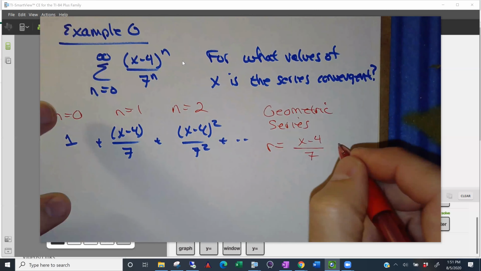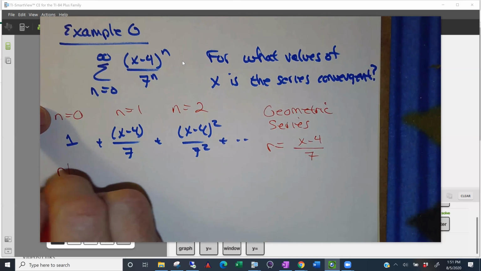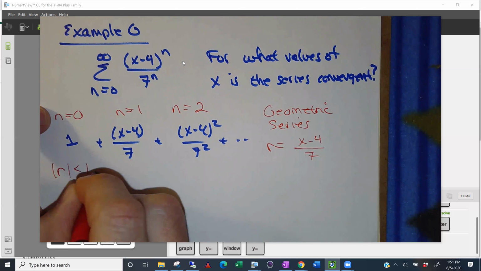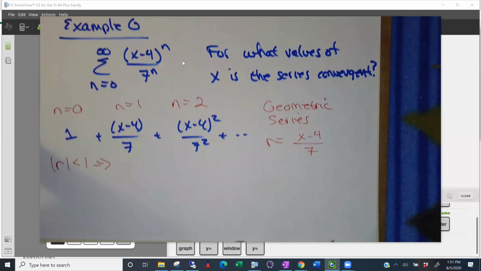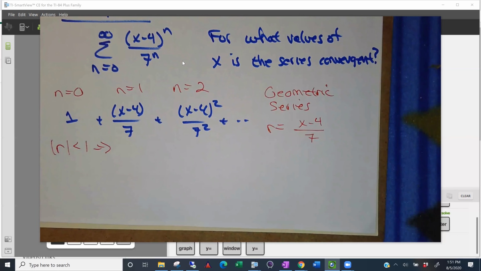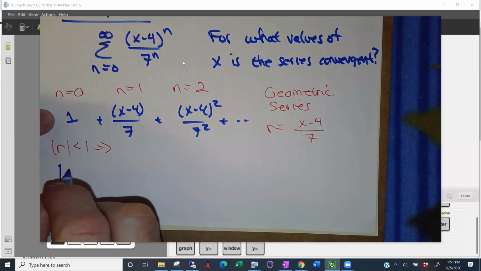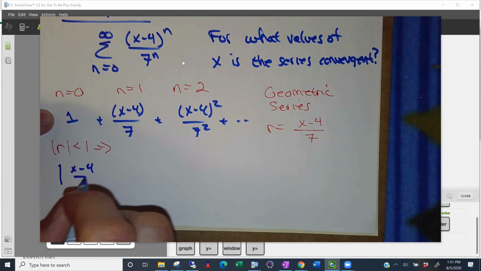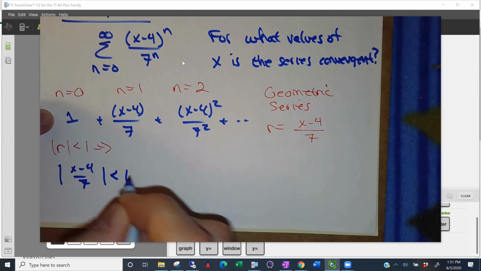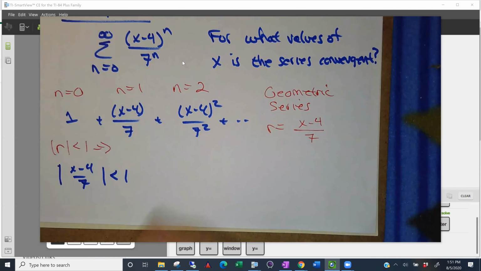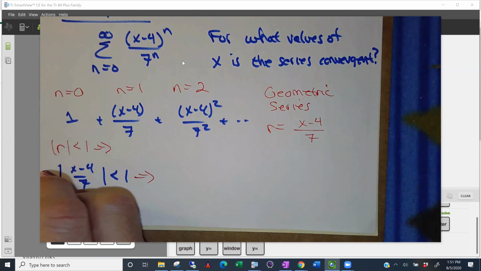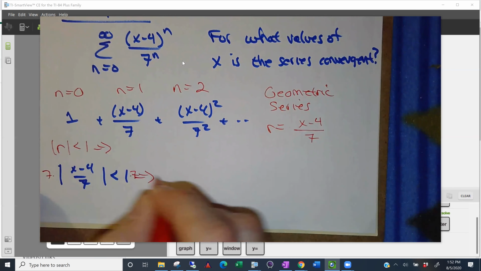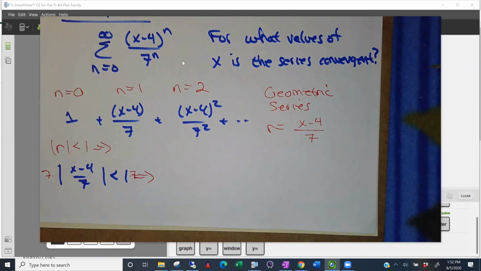So absolute value of R is less than 1. Let's see what that means. So that would be absolute value of x minus 4 over 7 is less than 1. Now, since 7 is already positive, if I multiply both sides by 7, I end up with this equation.